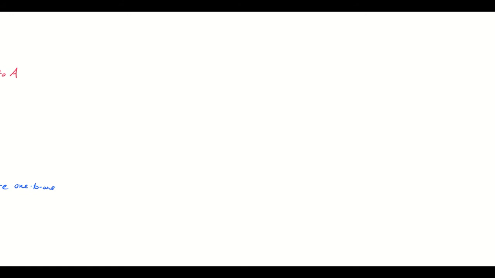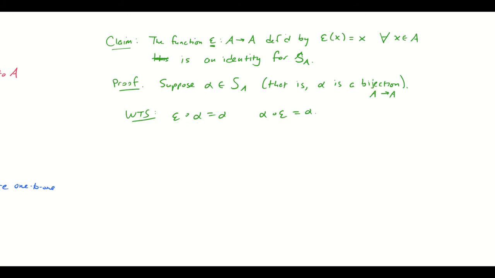The way that we check the two functions are the same, typically, if we know that both are functions from A to itself, is we just check that these two functions do exactly the same thing to every element of A. So that's what we'll do here. We will let x be in A, and we'll just keep track of what each of these functions does to x. So epsilon compose alpha of x is equal to epsilon of alpha of x, just by definition of composition.